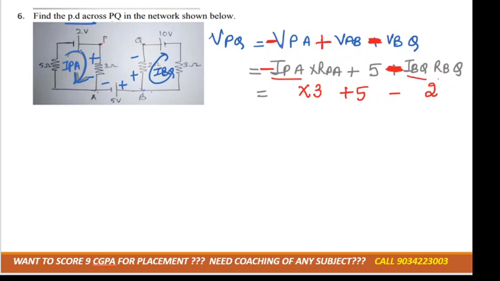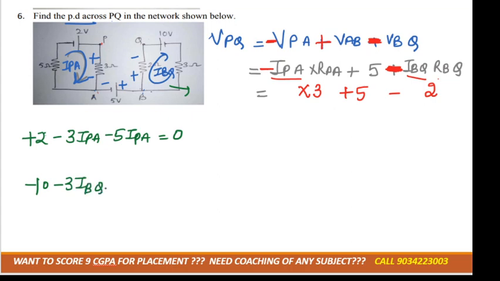As you can see, this is a mesh, so from this we'll get plus 2 minus 3 IPA minus 5 IPA is equal to 0. From here we'll get the value of IPA. Similarly, we'll apply KVL in mesh 2, that is minus 10 minus 3 IBQ minus 2 IBQ is equal to 0, right?